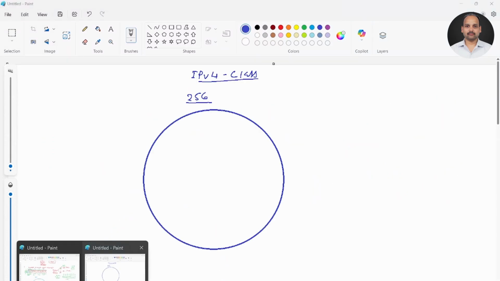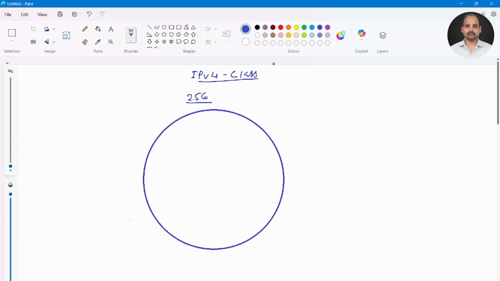Whatever 256 addresses I have, they first divided 50%. If I divide by 2, the value will be 128.